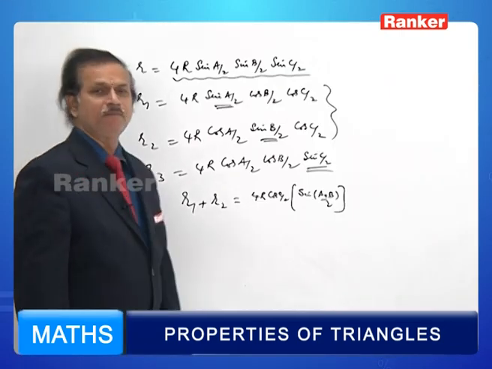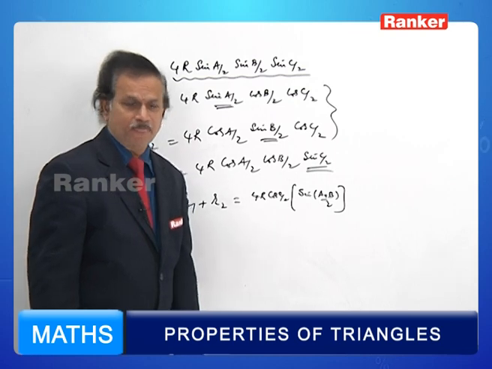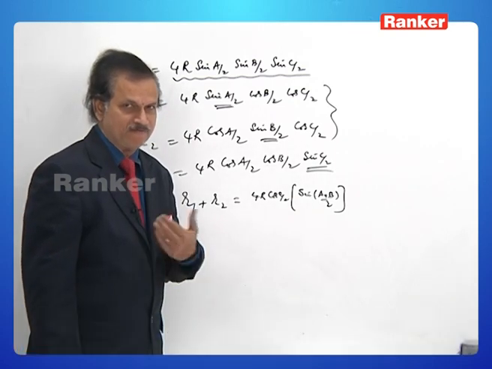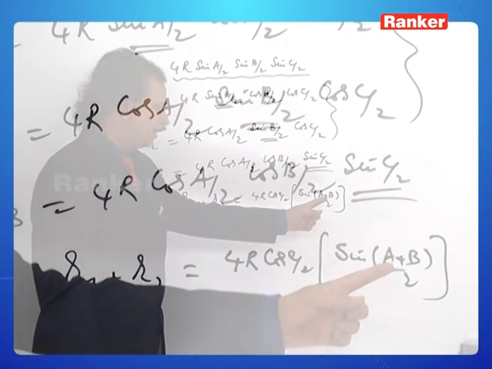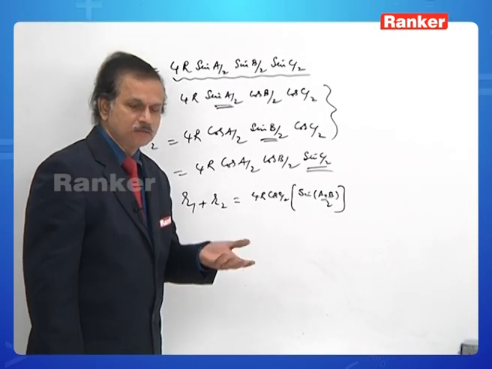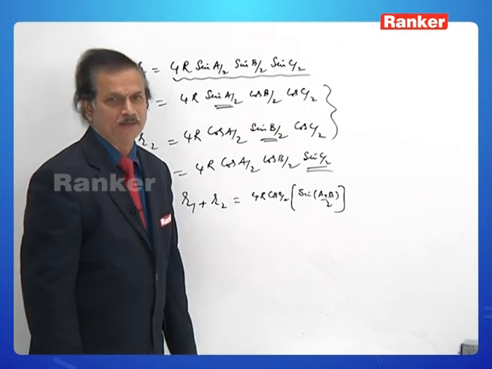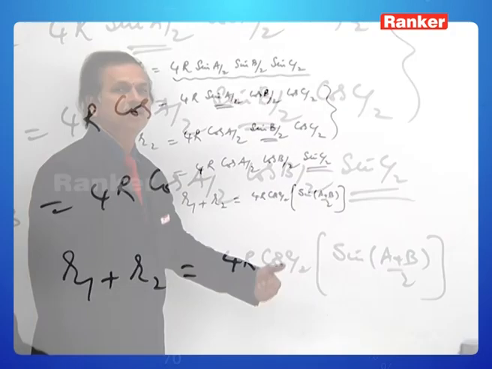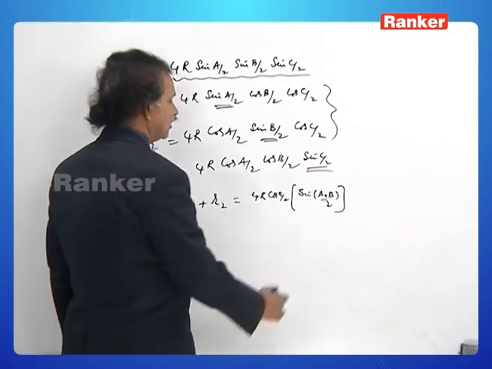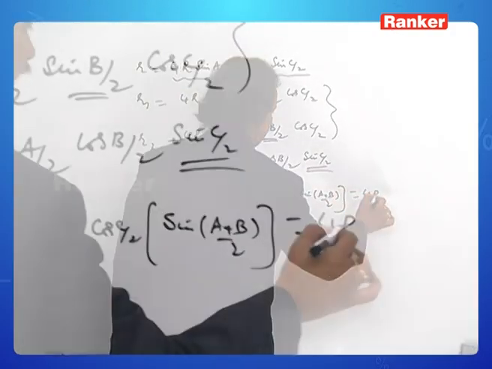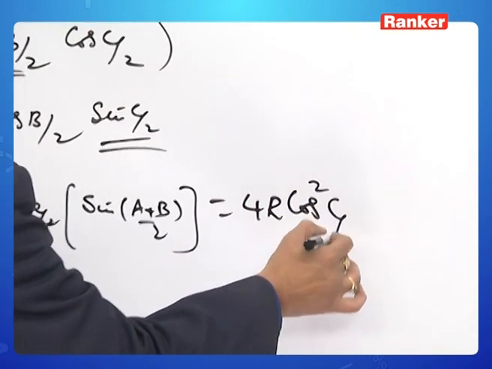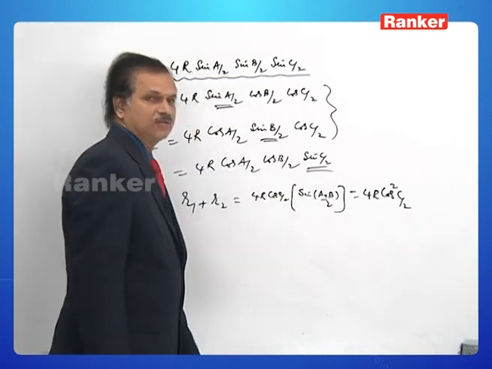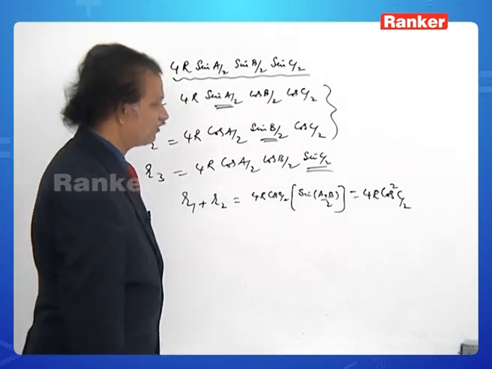You see, (A plus B) by 2 and C by 2 are complementary. Therefore, sin (A plus B) by 2 is nothing but cos C by 2. Hence, it is 4R cos square C by 2. Why? Because this is cos C by 2, this is cos C by 2. Altogether, 4R cos square C by 2.